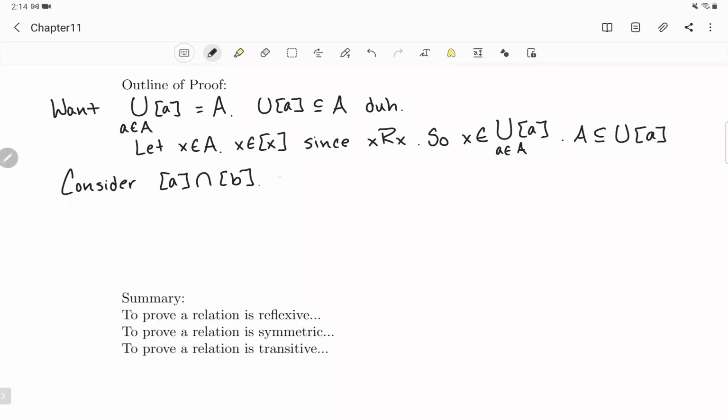So we're going to do that classic kind of two-case split where if it equals the empty set, we're done. So assume it does not equal the empty set, and let's see what happens.